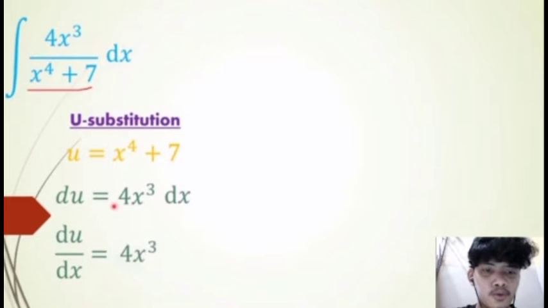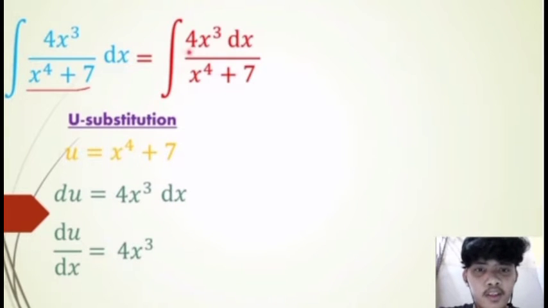Then you need to find du, which is 4x^3. That is du equals 4x^3 dx, and then dx, you move to du, it is du per dx equals 4x^3.